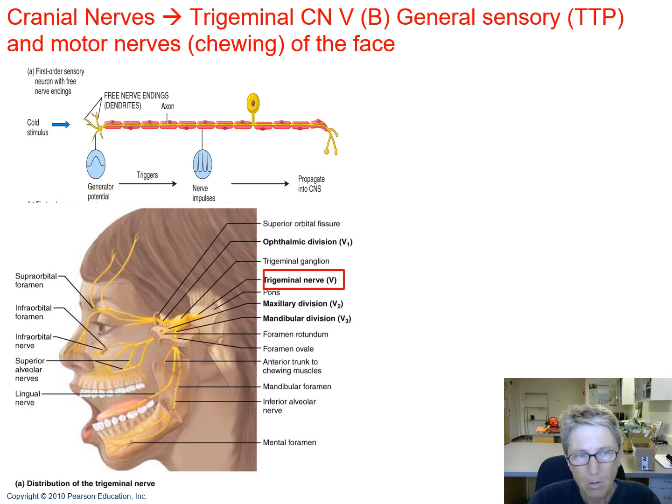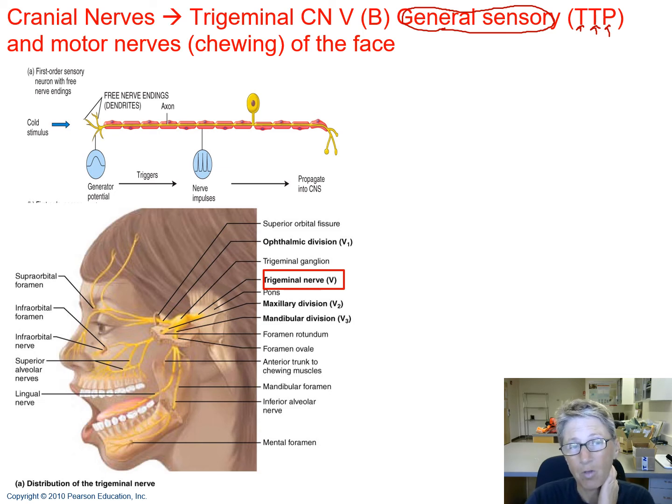The trigeminal nerve does a lot of general senses, so touch, taste, and pressure. Those would be the general sensory as opposed to special senses like vision and olfaction. These are just general sensory afferents in your trigeminal nerve.